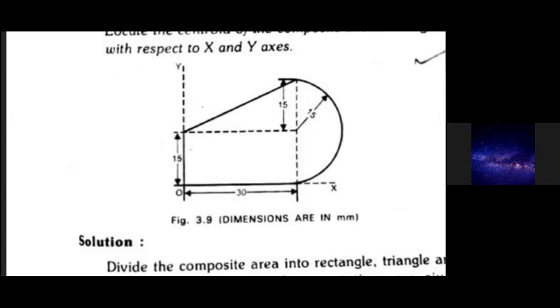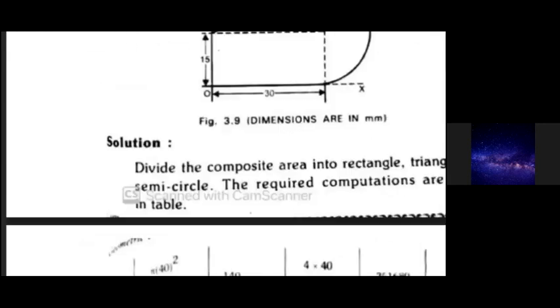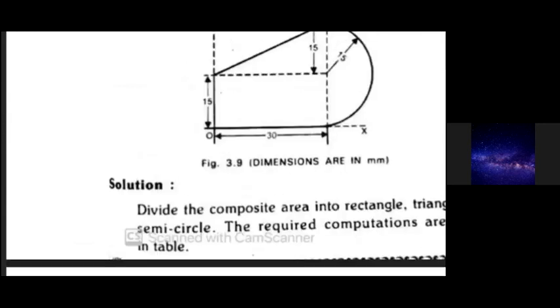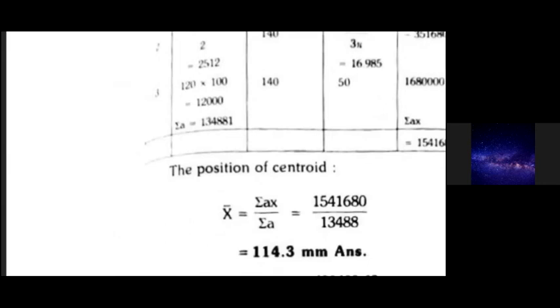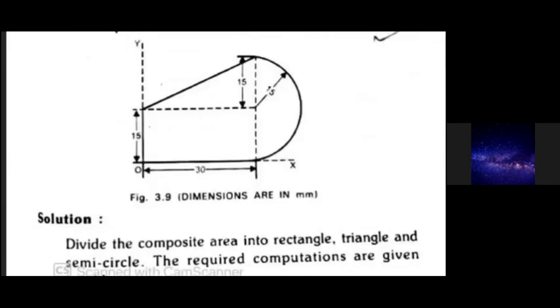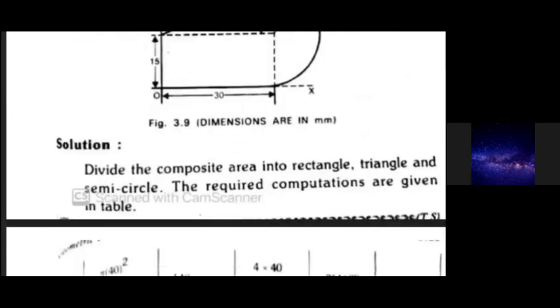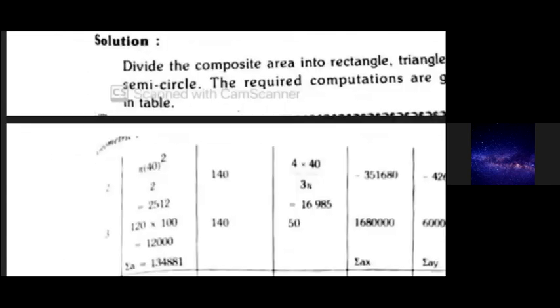Okay. So first, triangle is the one, semicircle is the two, and rectangle is the three.